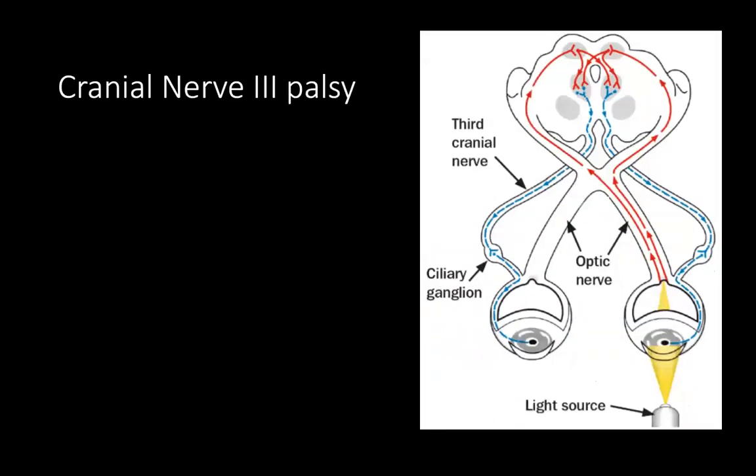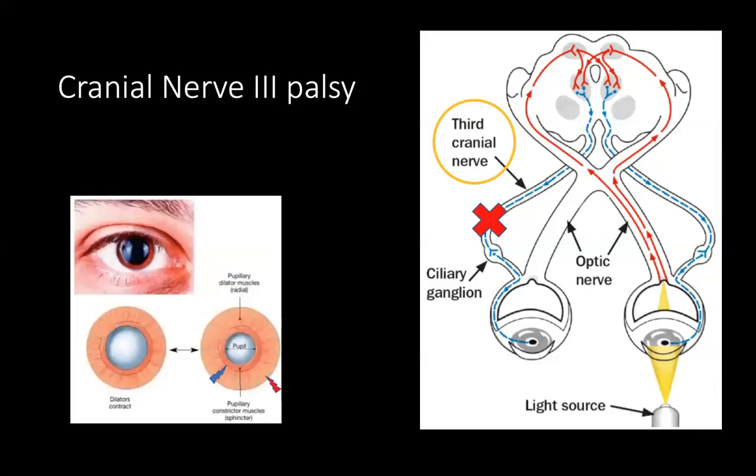The same thing happens in a cranial nerve 3 palsy, but in a different way, and I'll explain that. The third cranial nerve is what sends the signals to both move the eye as well as to allow the pupil to move in response to light. A cranial nerve 3 palsy can cause a dilated pupil as it interrupts the signals to constrict the pupil. This is where a dilated pupil is the problem.